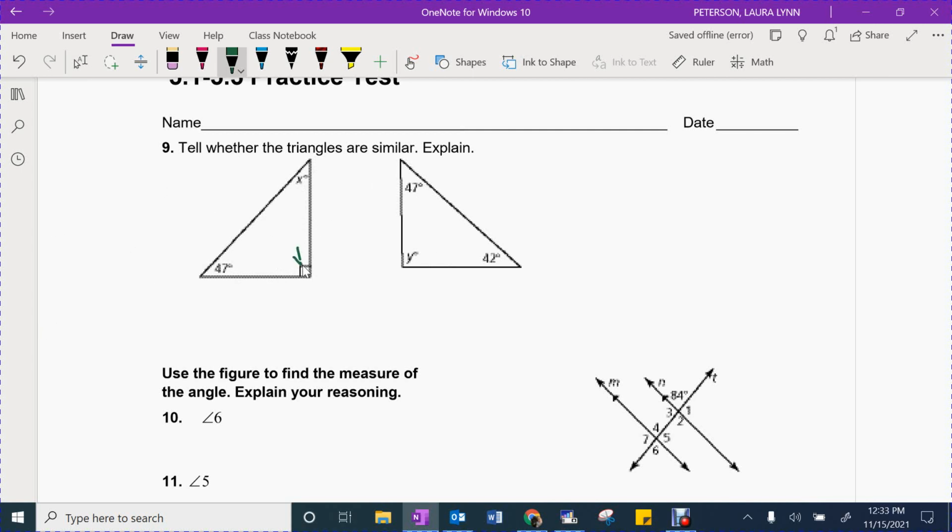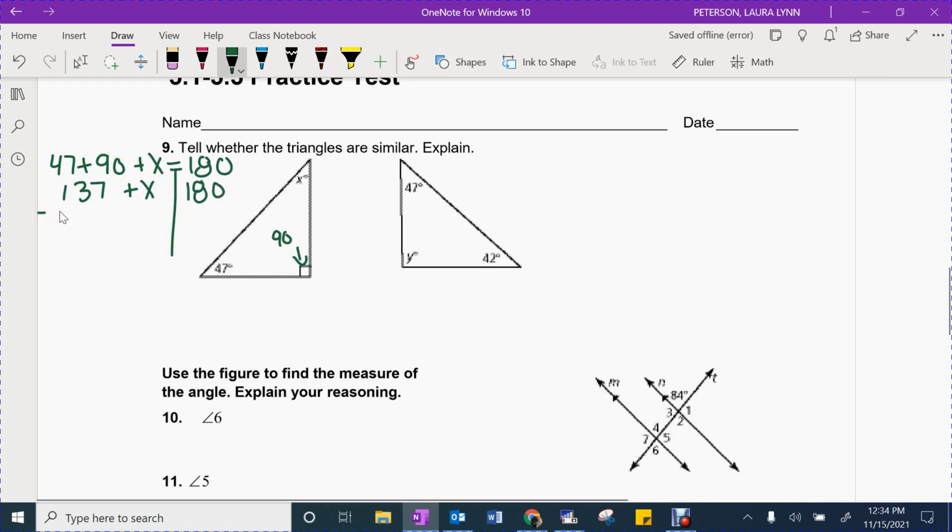Remember, this box in the corner means 90. So like we were doing on questions 5 and 6, we're going to add together what we can, subtract from 180. So I have 47 plus 90 plus x equals 180. 47 plus 90 is 137 plus x equals 180.